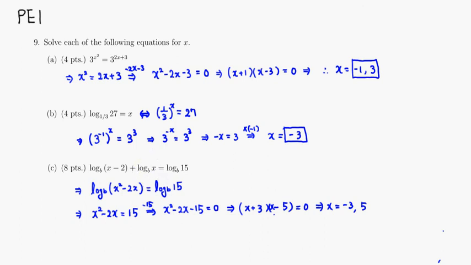So this cannot be the answer, because the log function doesn't make sense when x equals negative 3. The only right solution is 5. If you plug in 5 minus 2, that's still positive, and 5 there is still positive. So 5 is the only answer.